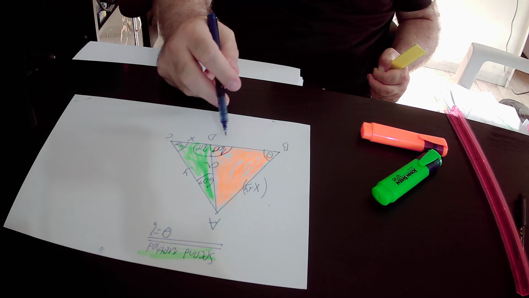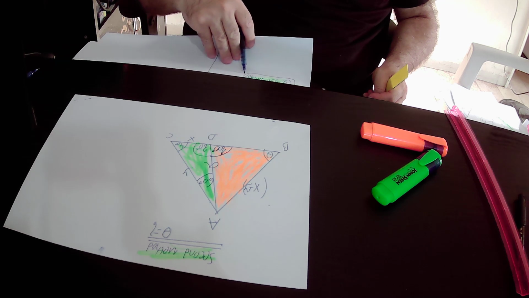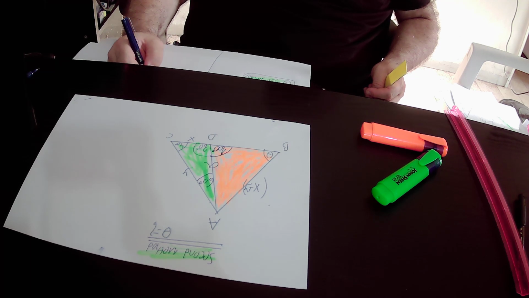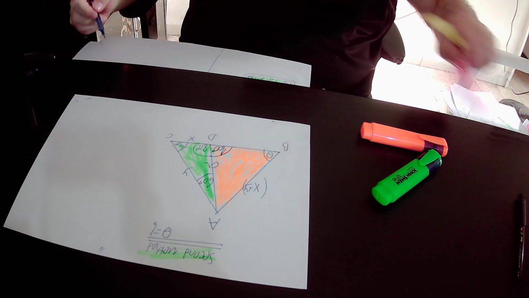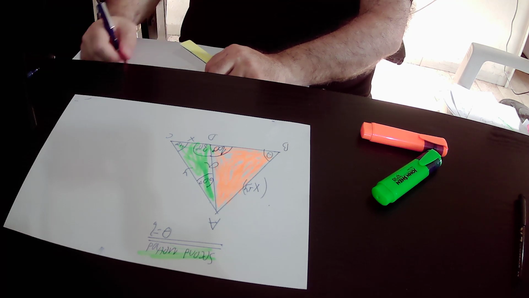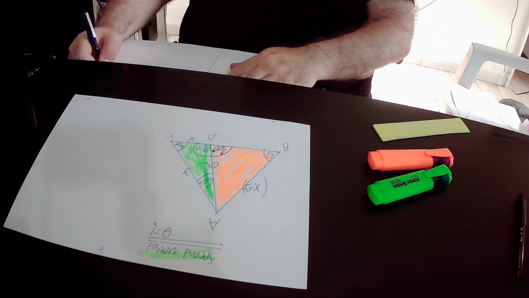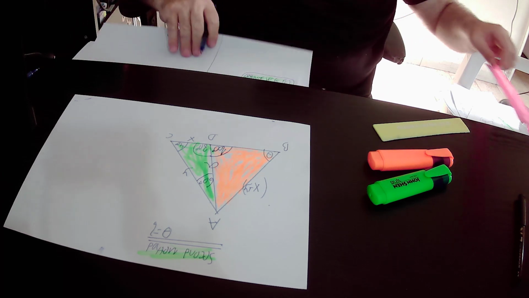Okay, we found out that this angle equals 100 degrees, so according to the law of sines, we get that AB over sine 100 degrees equals AD over sine theta. I'll repeat again.